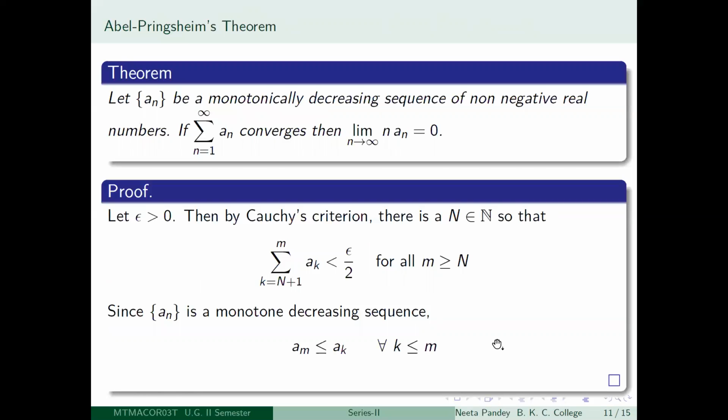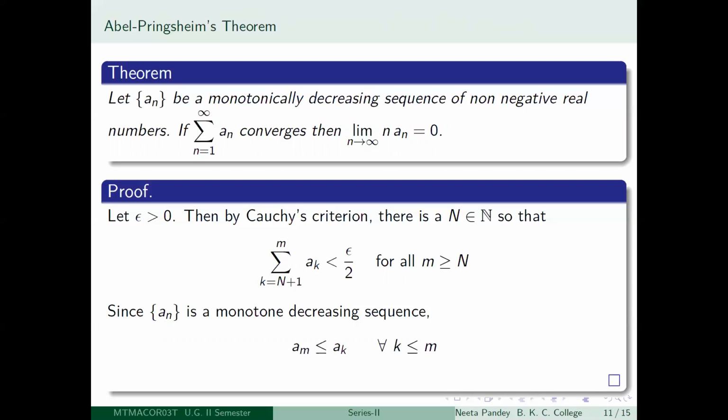Okay. Next result is the Abel-Pringsheim theorem, which says that if you have a monotonically decreasing sequence of non-negative real numbers, two things are required, right? One is that it is monotonically decreasing, and the other is that an is greater than or equal to 0 for all n.